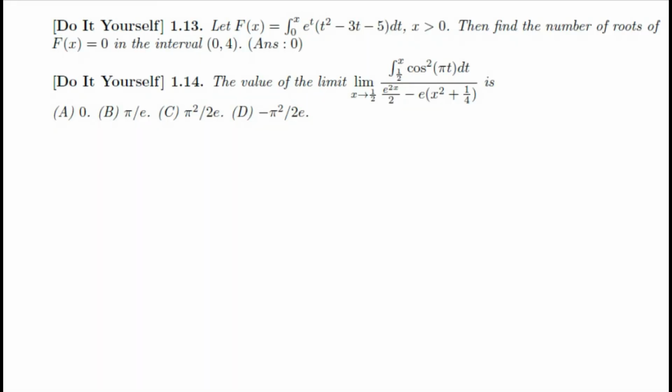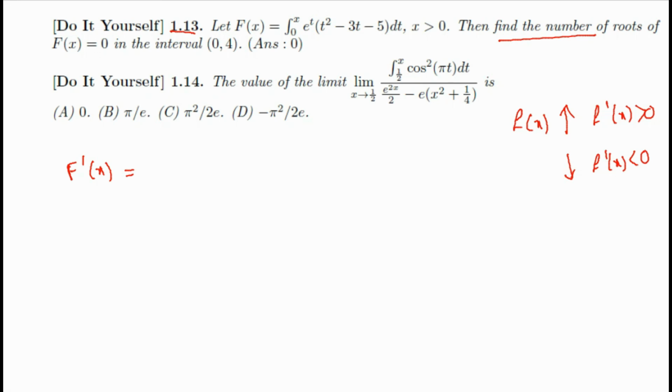For problem number 1.13, we need to find the number of roots, and here we need one idea. A function f x is increasing if f dash x is greater than 0 and decreasing if f dash x is less than 0. Now for capital F x, we need to find f dash x equal to e to the power x into t square, into x square minus 3x minus 5.